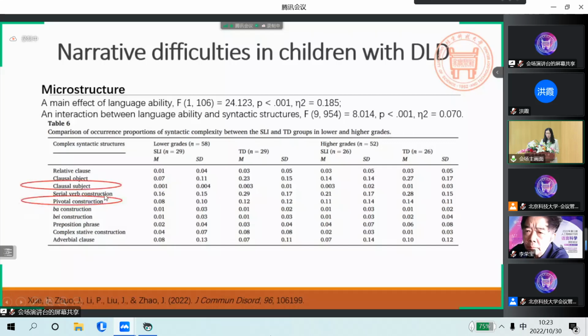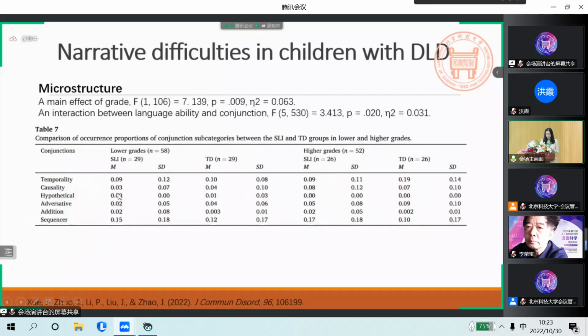For the microstructures, we also analyzed the conjunctions, the different conjunctions. And we also found great differences in ability and an interaction between language ability and conjunction. In other words, the simple effect analysis shows that the DLD children show profound difficulties in using, for instance, conjunctions of temporality.